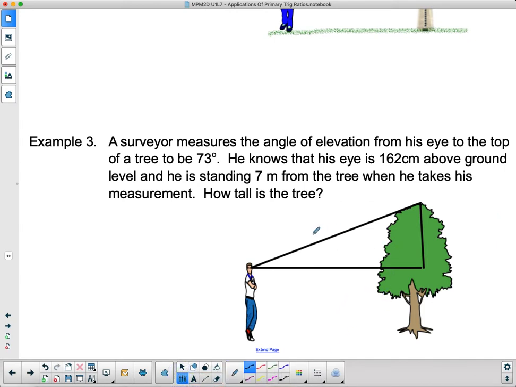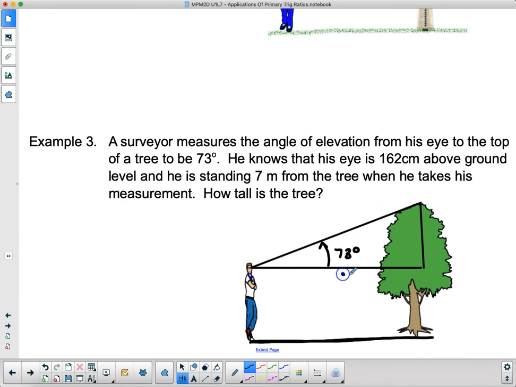So his angle of elevation to the top of the tree is 73 degrees. He knows his eye height is 162 centimeters and that he is standing on level ground 7 meters from the tree. Now level ground is kind of important here. This has to be kind of level ground, otherwise you're going to get kind of a bad estimate. If he's standing on a hill over here, that's not going to be very useful.